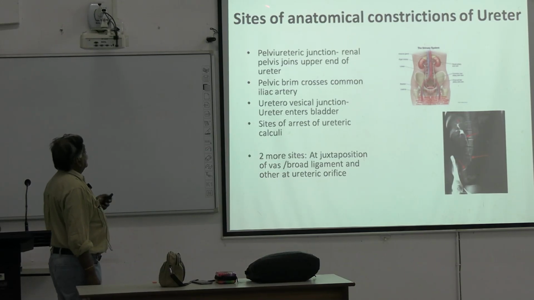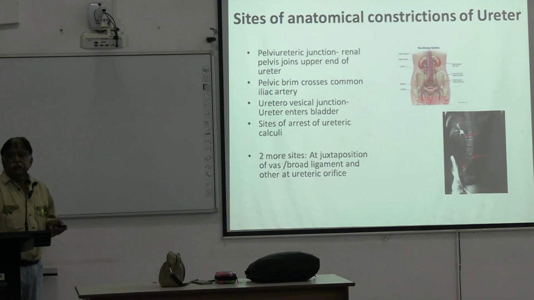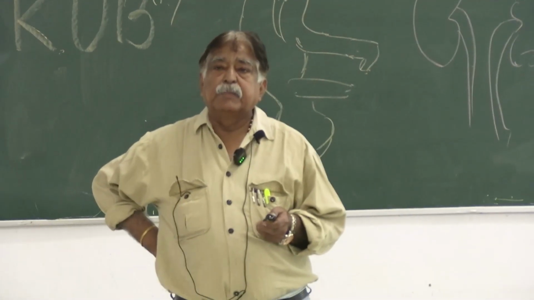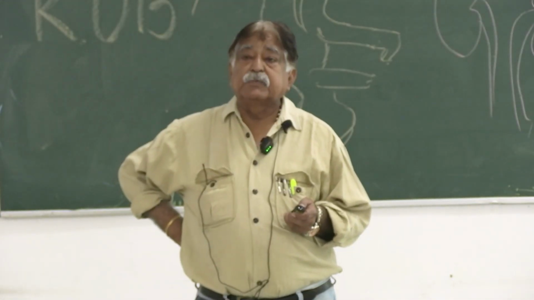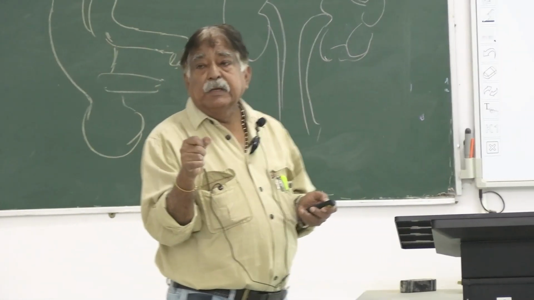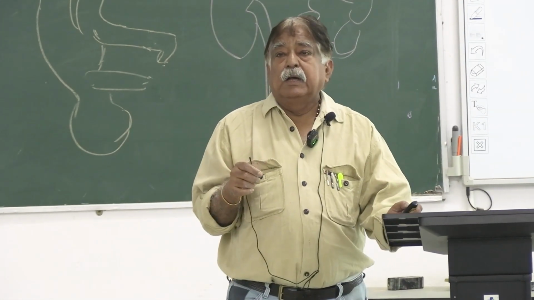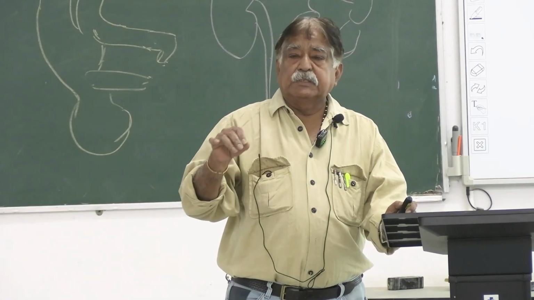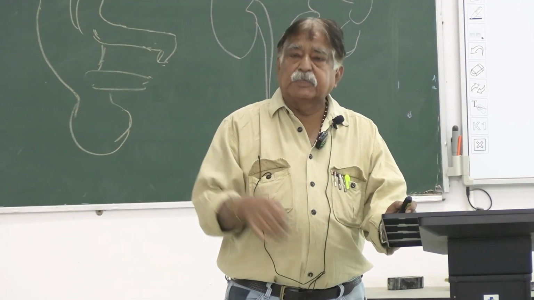Now, this is very important, you will be seeing this, and you have to manage accordingly. When the calculus is going down, it might be lodged in these constrictions. But with a size of the calculi less than 1 centimeter, it goes down and comes out.